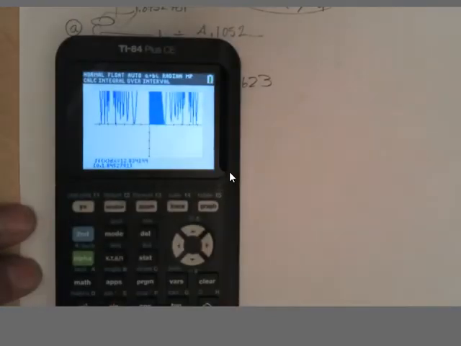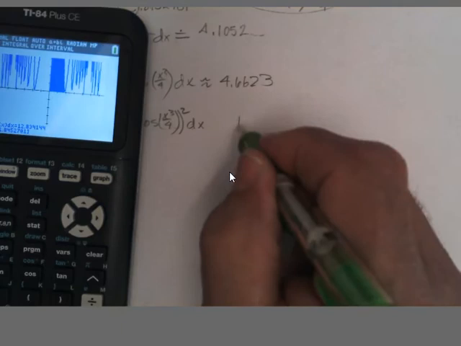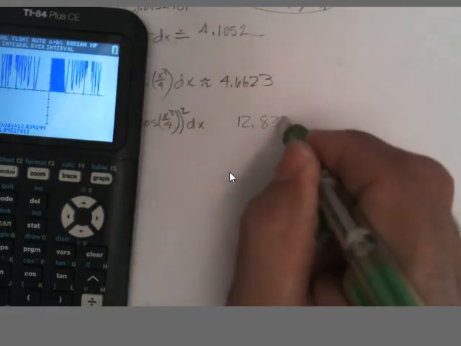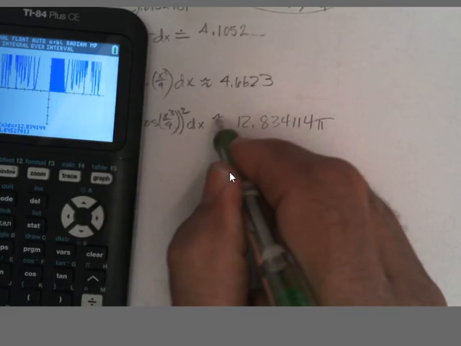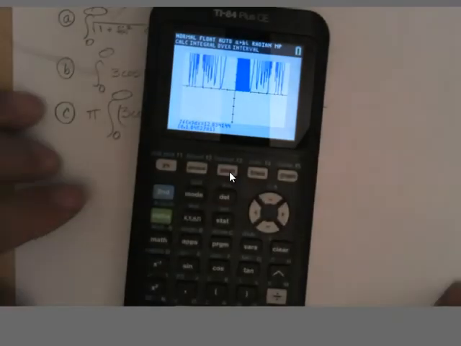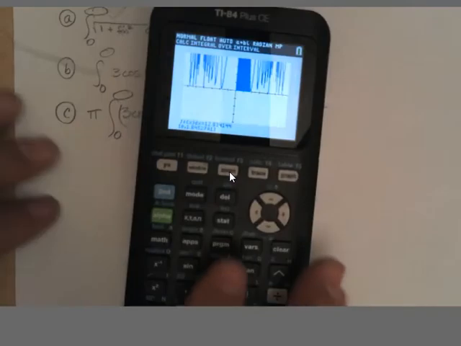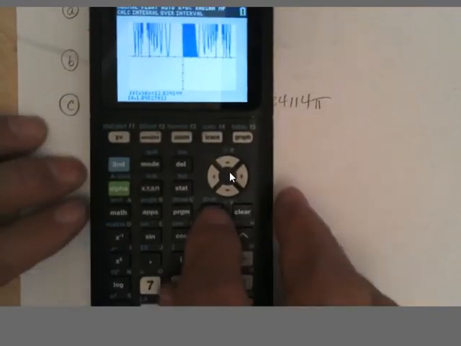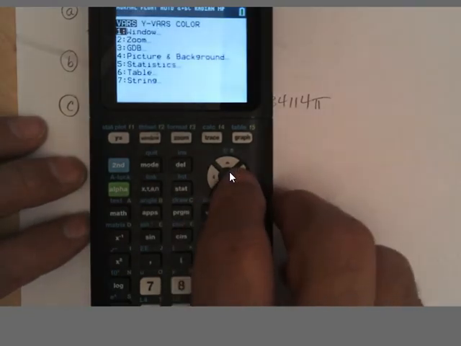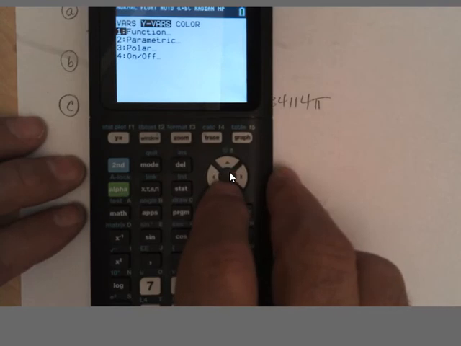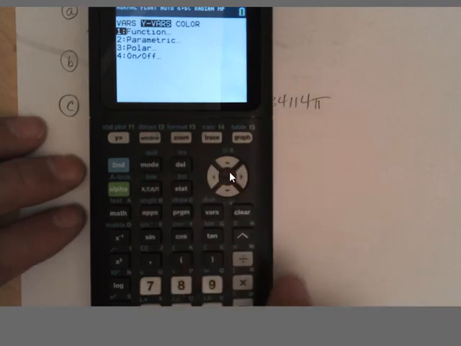And that comes out to be 12.834114 pi. And if you wanted, just so you know, function variables, do I have that in here?